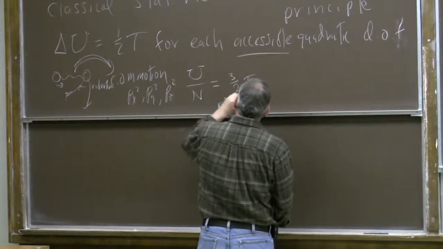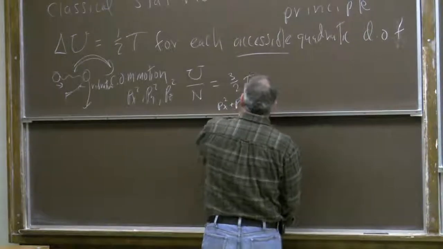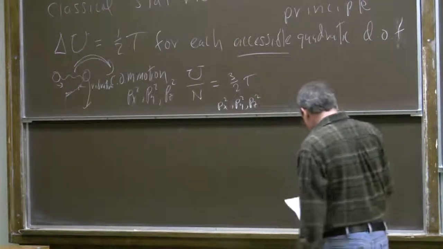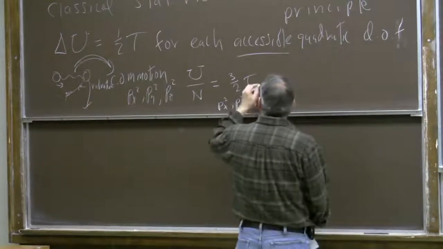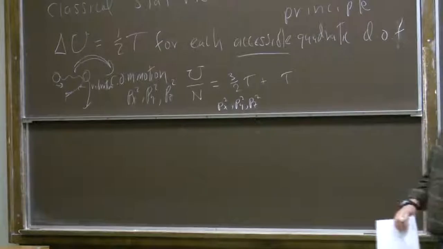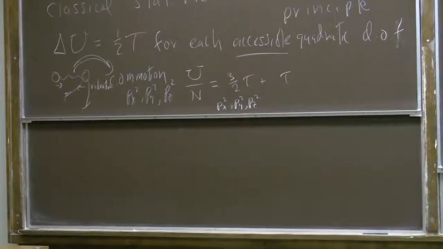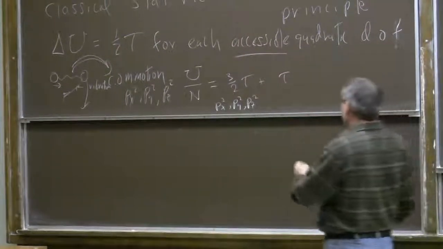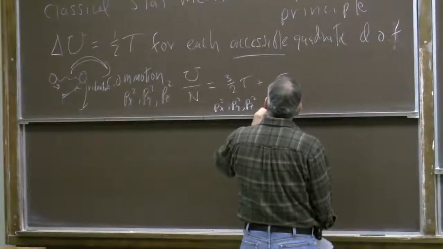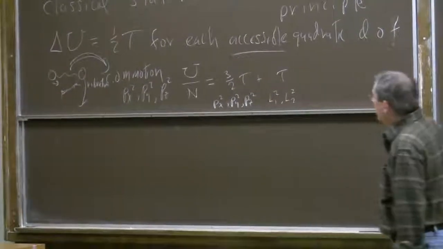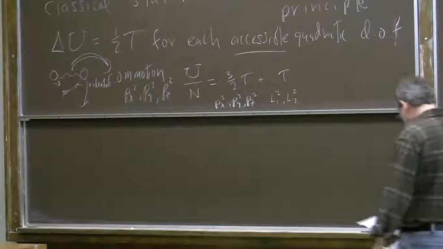3 quadratic variables for each molecule, px squared, py squared, and pz squared, and then plus another tau, because there are 2 rotational degrees of freedom, the kinetic energy of rotation about 2 different axes, or if you like, the angular momentum, L1 squared, L2 squared, about 2 different axes, another 2 quadratic degrees of freedom.